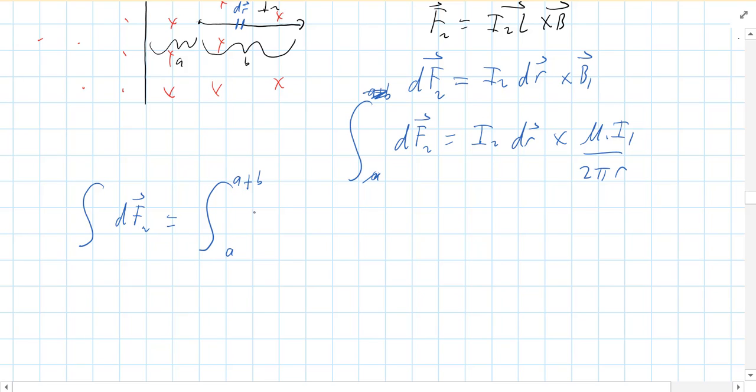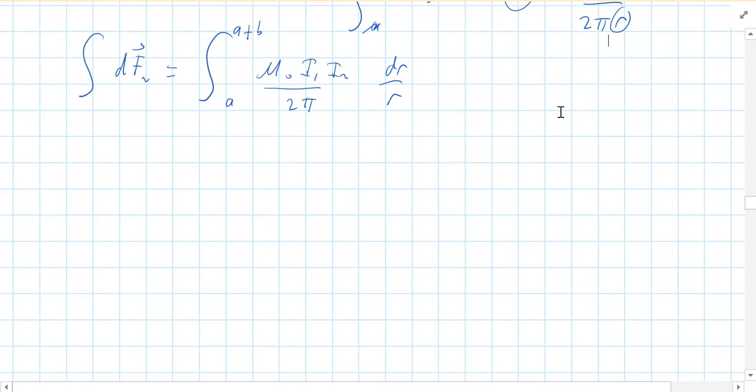Oh, and I'll put everything that's a constant out front. We've got a mu naught, we've got an I1, we've got an I2 over 2 pi, and what we're actually integrating is simply dr over r. That's our variable there.